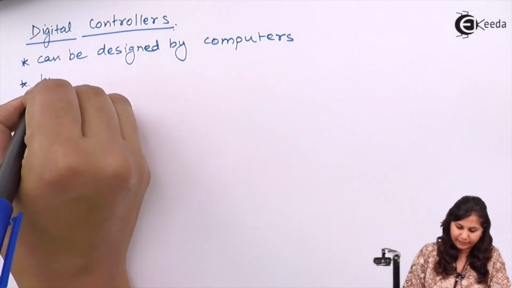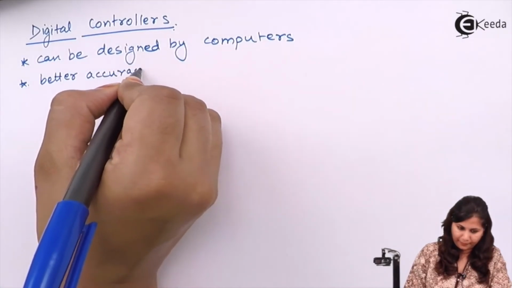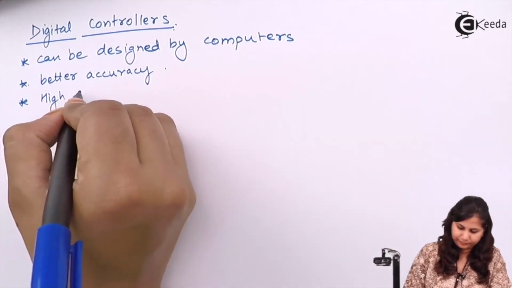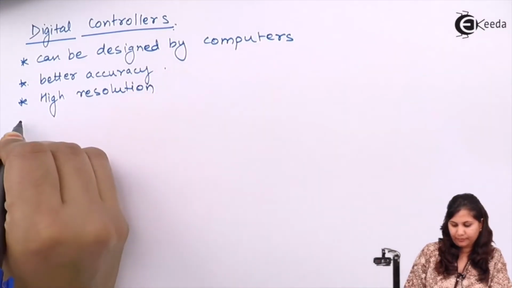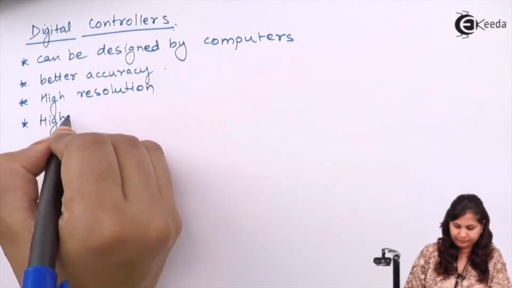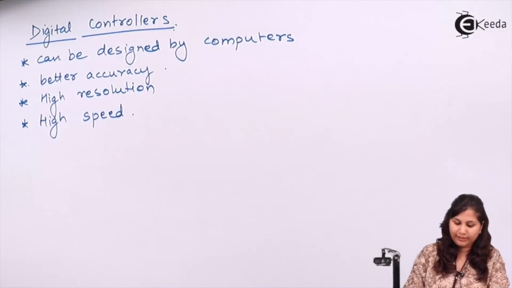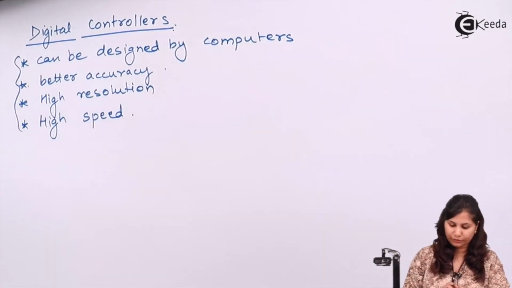Also, they give better accuracy, high resolution, and high speed. So these are the advantages of the digital controllers over the analog controllers.